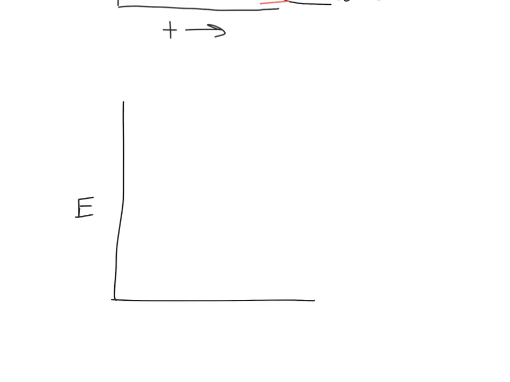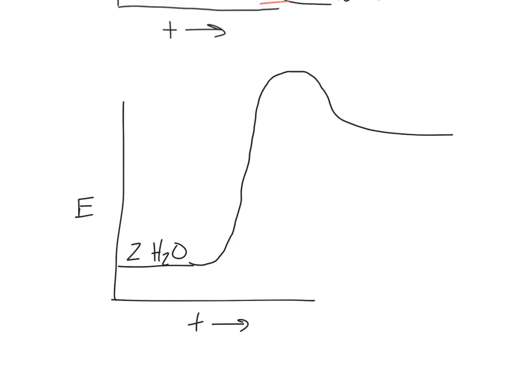Once again, this is energy. This is time, just progressing at an arbitrary amount. Now the reactants down here are going to be 2 molecules of H2O. We're going to need to put in a ton of energy in order for that reaction to reach its peak. That area up here known as the peak is where the activated complex is formed.